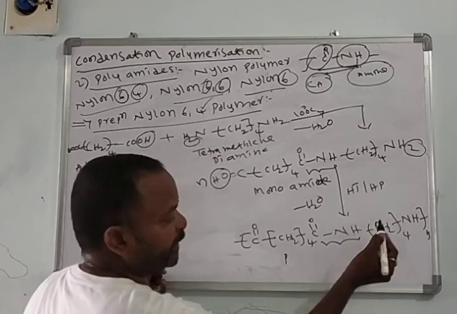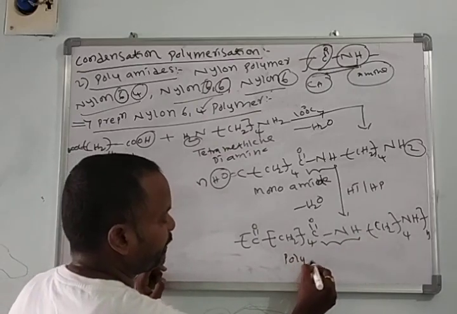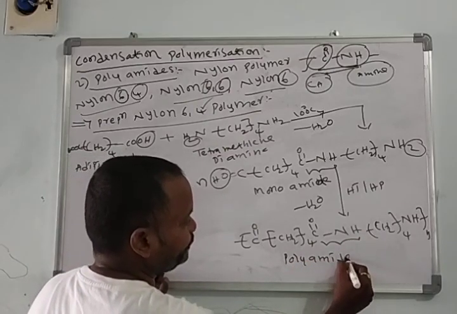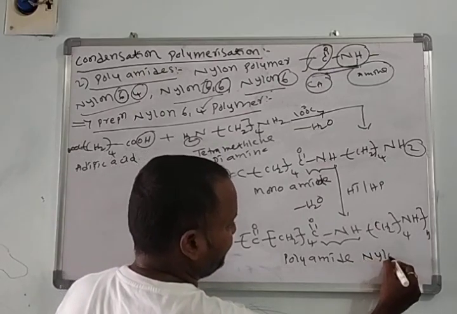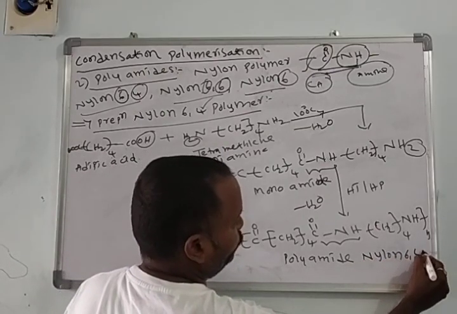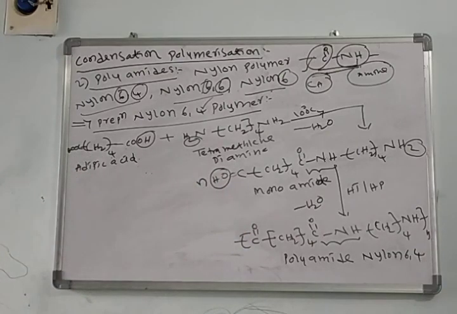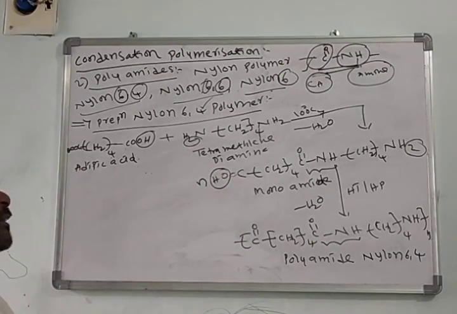Here we have a number of amide functional groups, so we call it polyamide, or nylon 6,4. This is the preparation of the nylon 6,4 polymer.